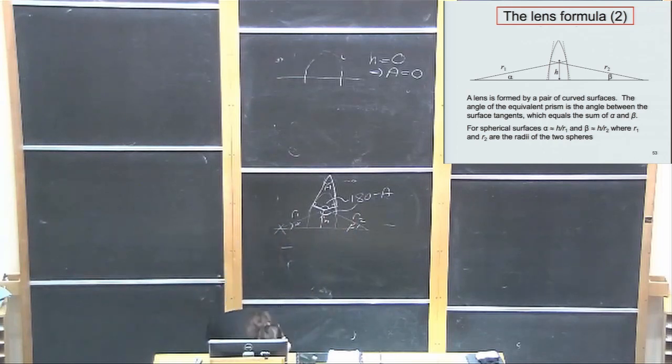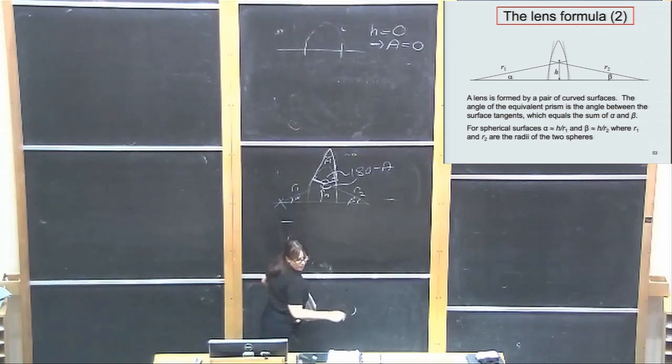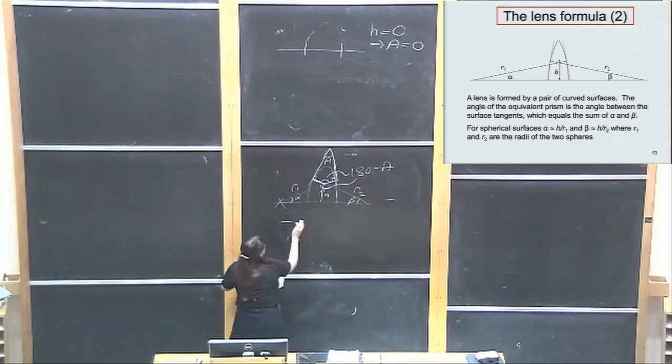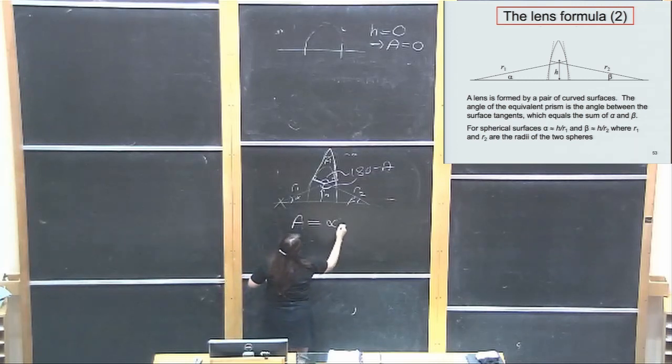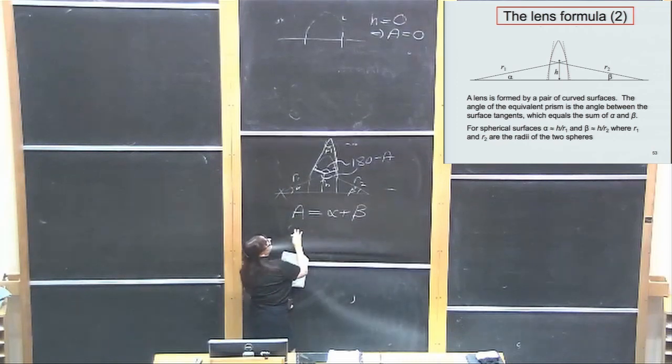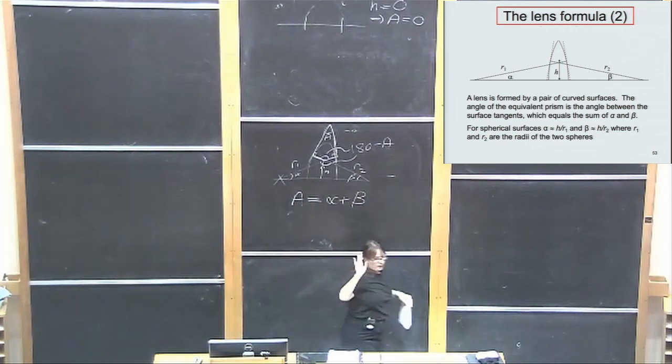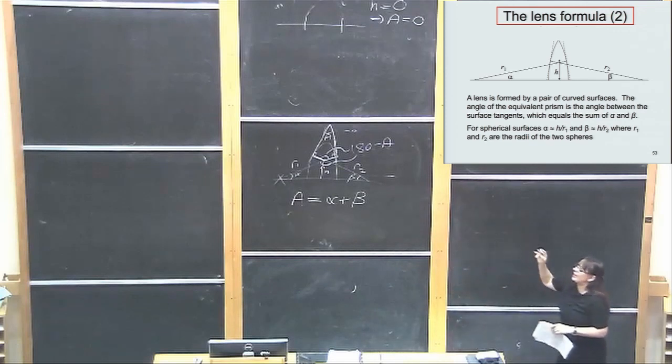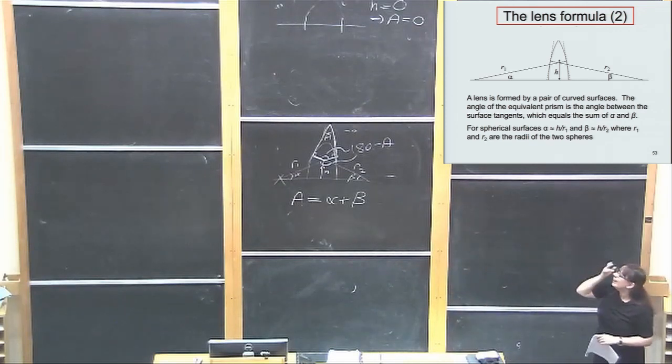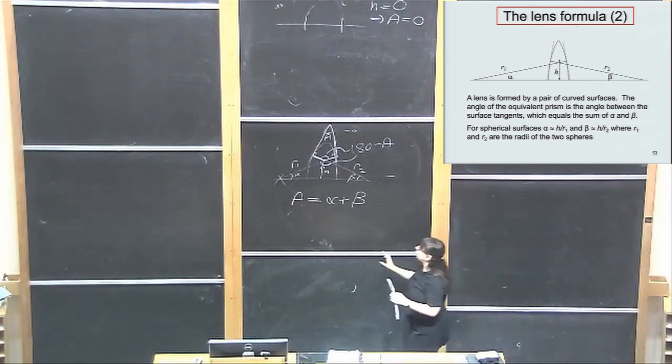So what that means is that with that geometry, the apex angle A can be written as alpha plus beta. Given that's not a great diagram, I just want to double check that you're clear with that. You're happy with that? Okay.